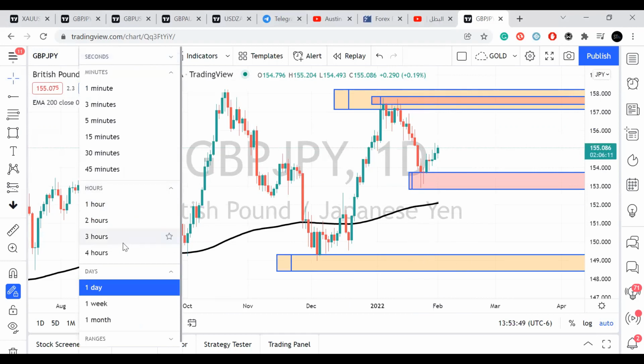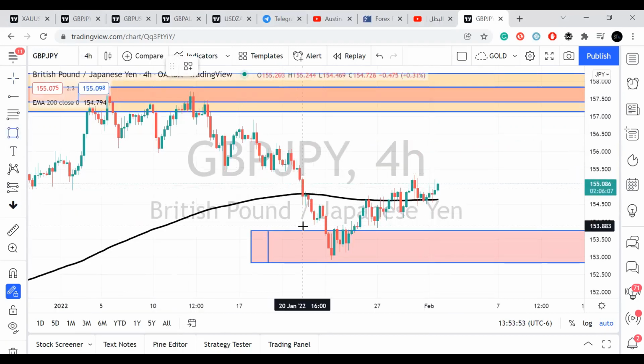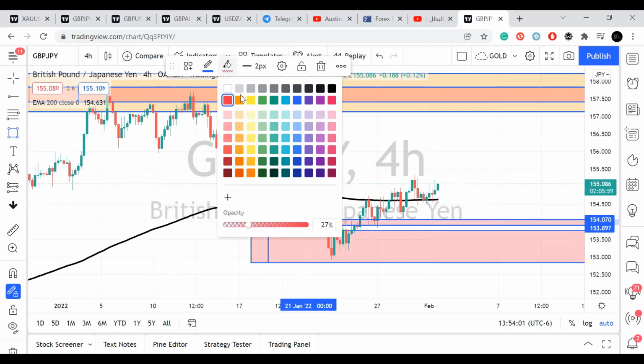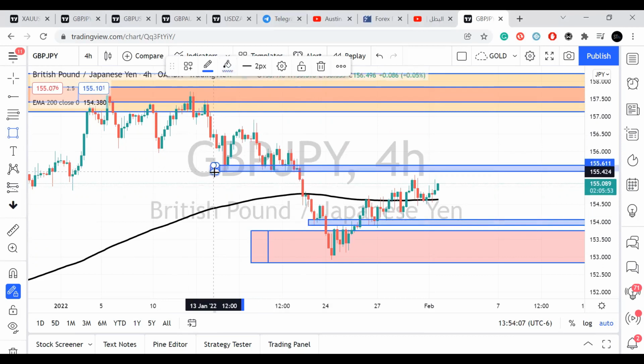So we come down to H4. For all where we have two candles structure on H4, I'm going to mark them out. So this is going to be blue. Also the same thing here. Here.